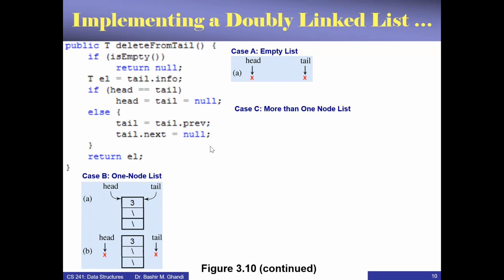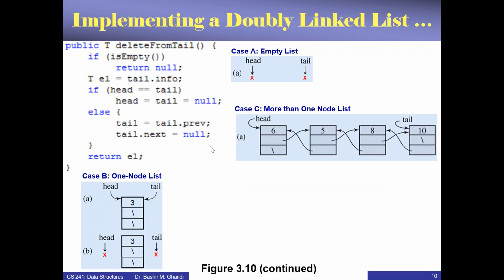The third scenario is the one we have to be careful with. So we have nodes already in the list, and we are interested in deleting this last node. How do we do it? First bring the tail back by one node, and the way to do that is tail becomes tail.prev.